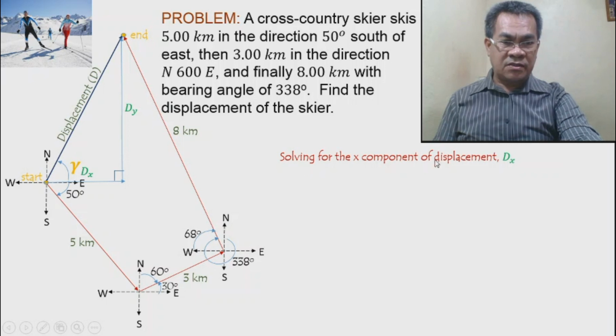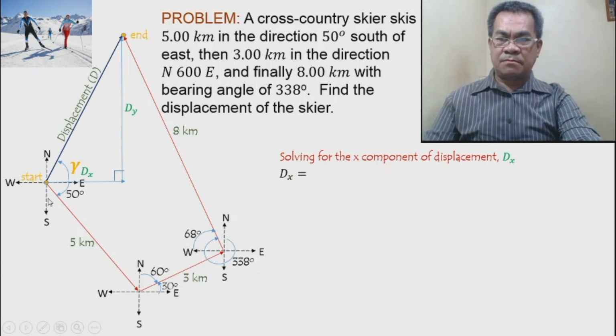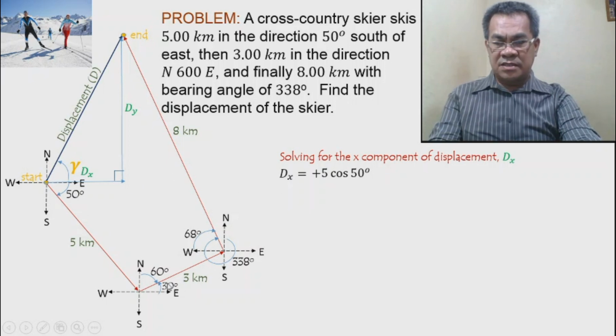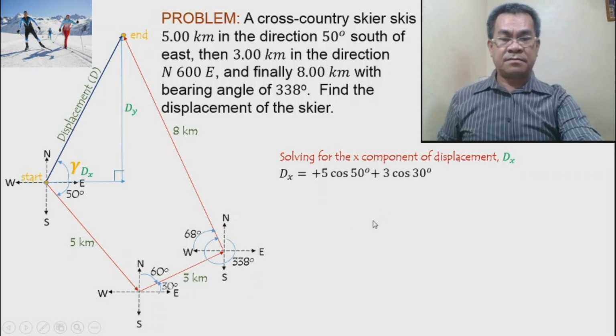So first is the x component, dx. So dx now is what? We'll start with this 50, or the 5 kilometers. So it should be 5 kilometers cosine. Okay? So that's it. Positive because this is towards the right. Then next, the 300 kilometers, use the 30 degrees. Again, positive.